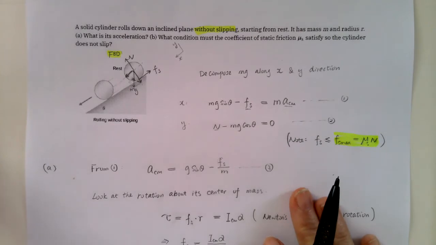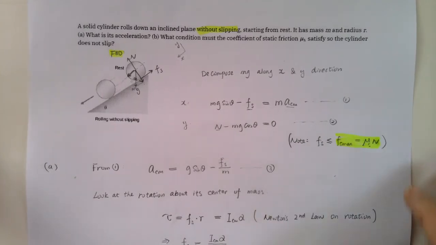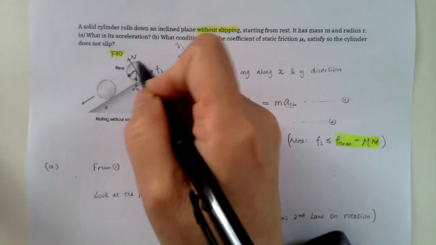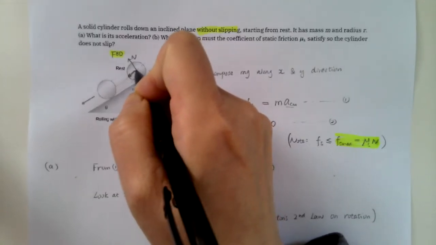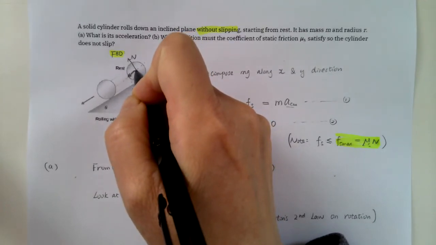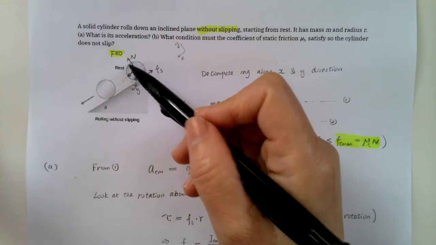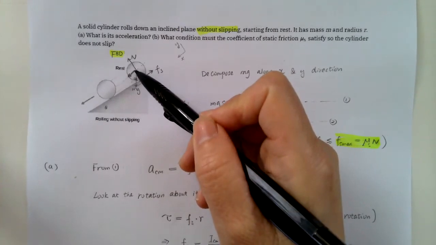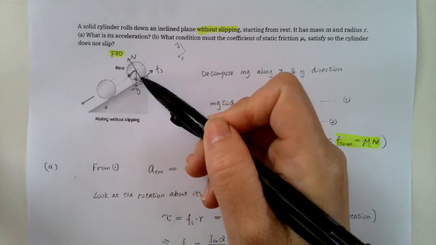Now, let's consider the rotation of the cylinder about its own center of mass here. We know when the cylinder is rolling, it's rotating about its own center right here. And what causes the rotation? The torque. When we look at the free body diagram, we know N and mg all pass through the center of mass, so none of them generate a torque.